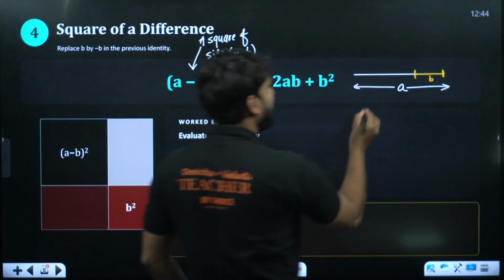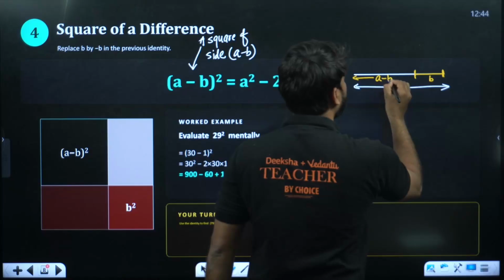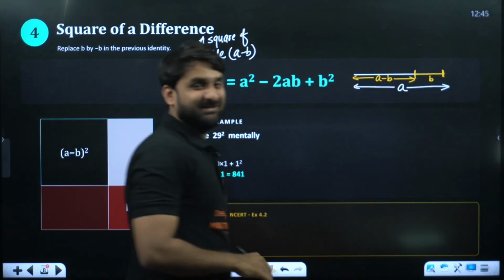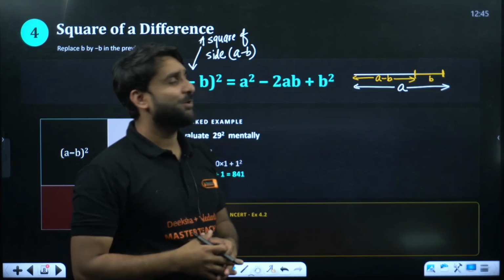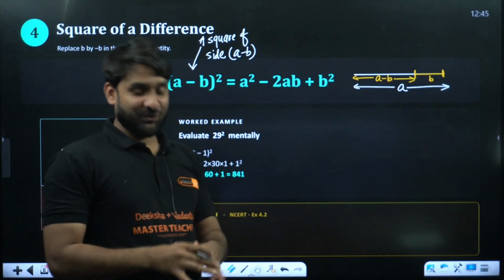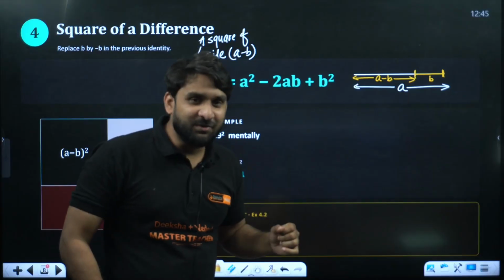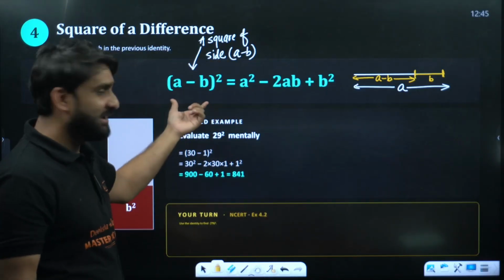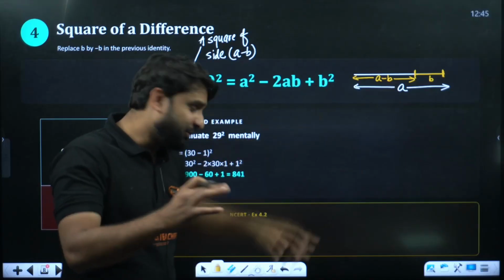So this remaining side will become A minus B. Wow. Is it clear to you all? Now, my dear champion, we require a square of side A minus B, so that we can write A minus B whole square. So we have A minus B. Let's draw.